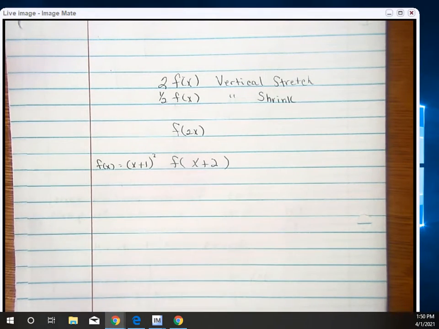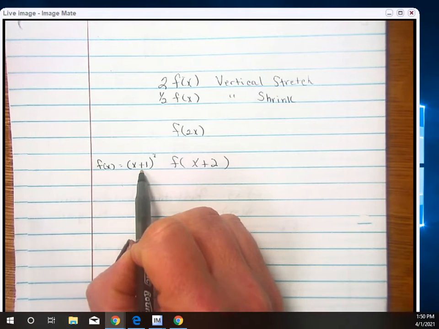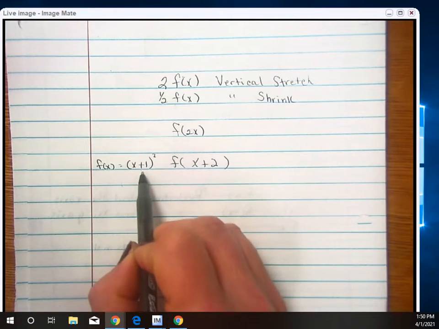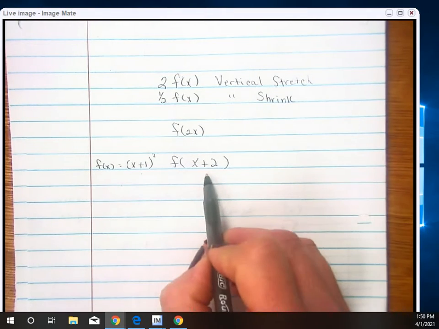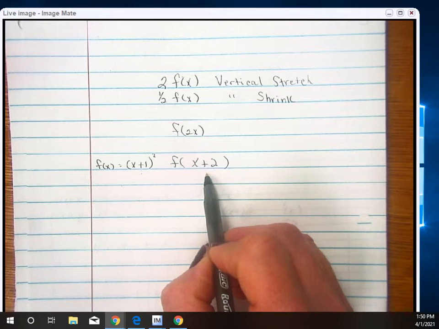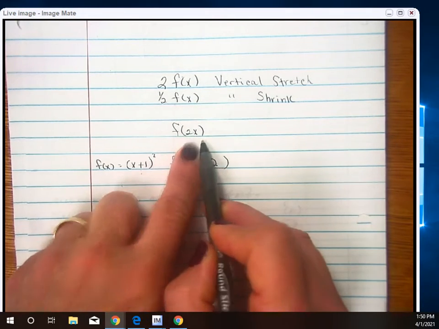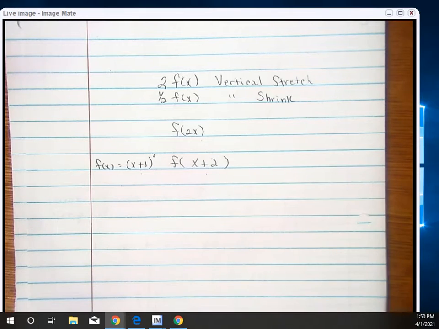Which way over, left or right? Left, because it's always opposite, right? Inside the function, it's opposite of what's going on. So this is a left movement of 1. If I have this x plus 2, it would be a left movement of 2. So you're in the idea that it's the opposite if it's happening inside the function, correct?